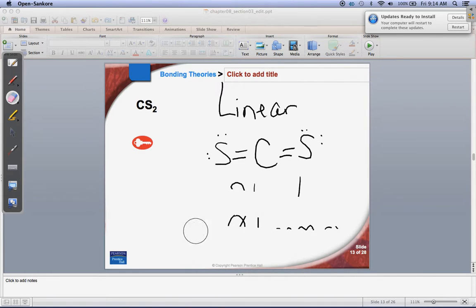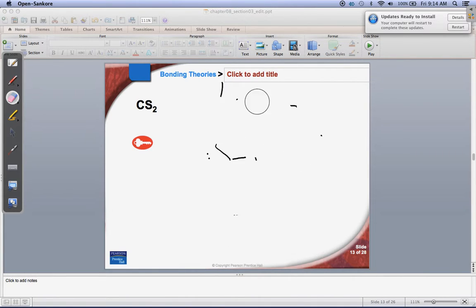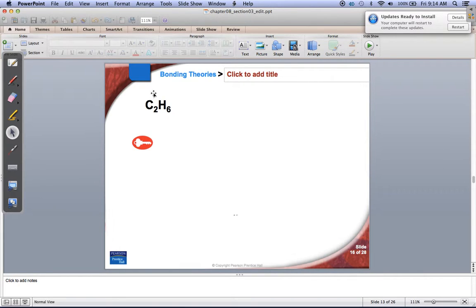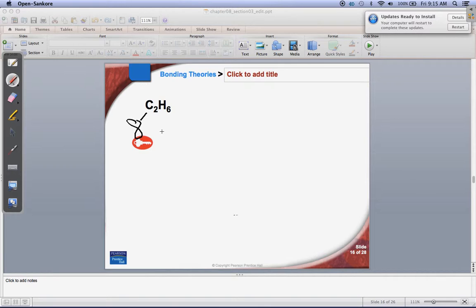I think there's another one. Yep. C2H6. All right, so we have 2 carbons. 4 times 2 is 8. 6 hydrogens would be 6, so that's 14.